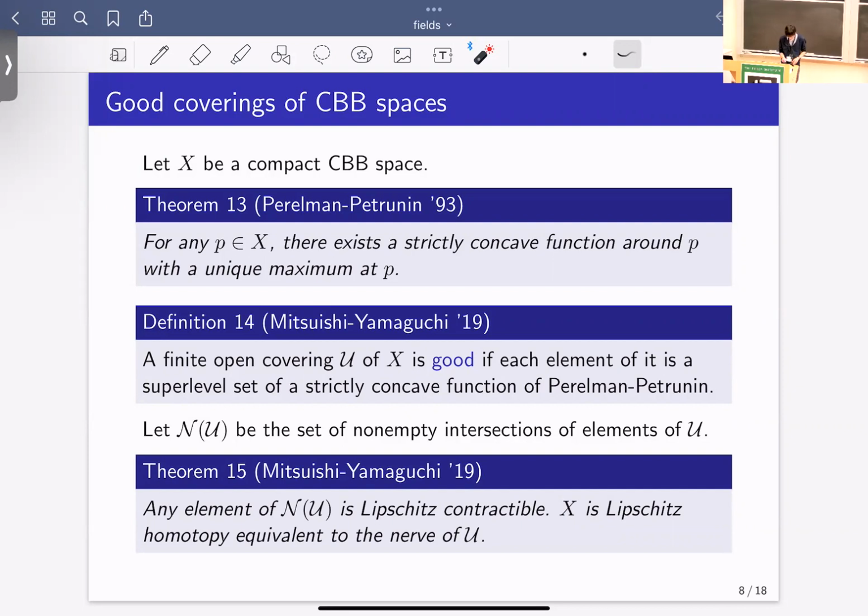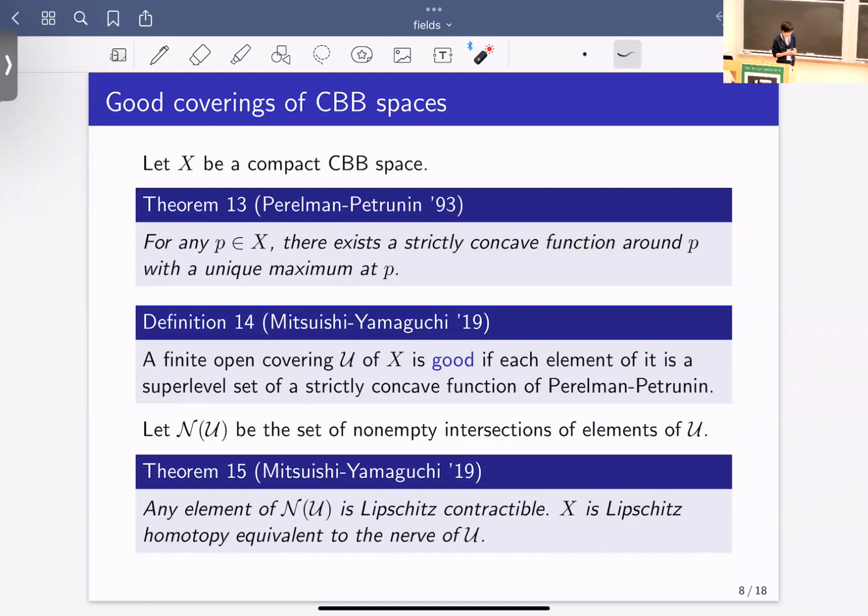For any point P, there exists a strictly concave function around P with a unique maximum at P. A distance function from a point in a CBB space is semi-concave by definition, and they applied some averaging technique to distance functions from points around P to obtain this strictly concave function.